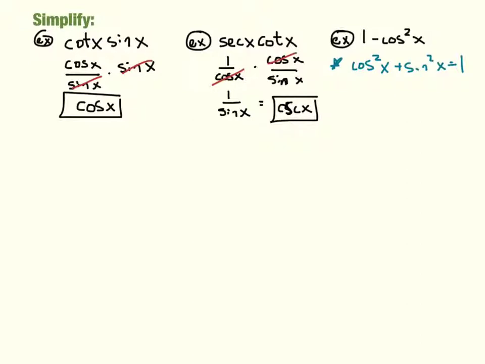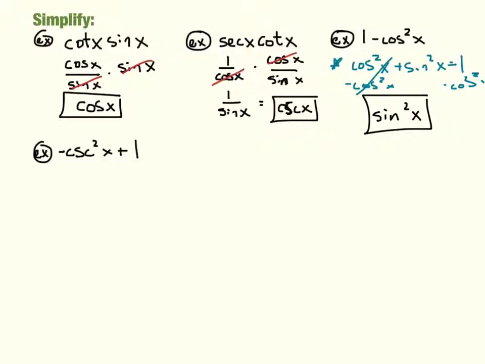Well, if I made 1 minus cosine squared out of this, I've got a positive 1. If I just subtract cosine squared from both sides, well, then I would have my 1 minus cosine squared x, and what was left over? Sine squared x. So 1 minus cosine squared x is the same thing as sine squared x.